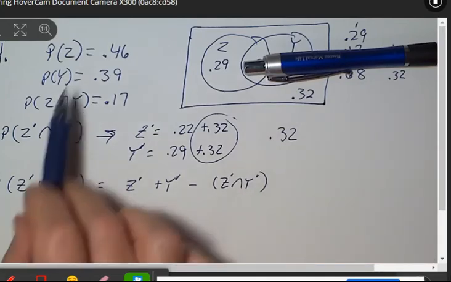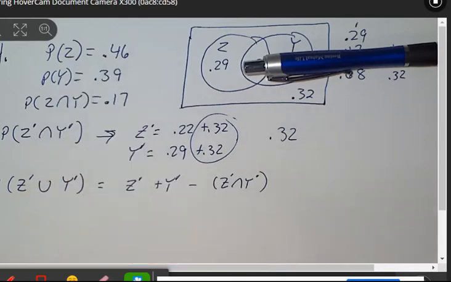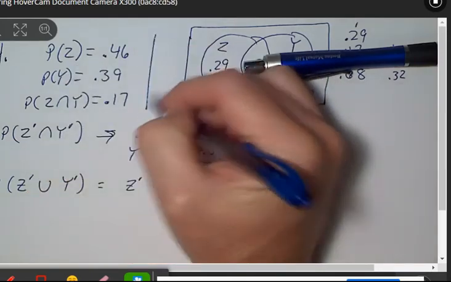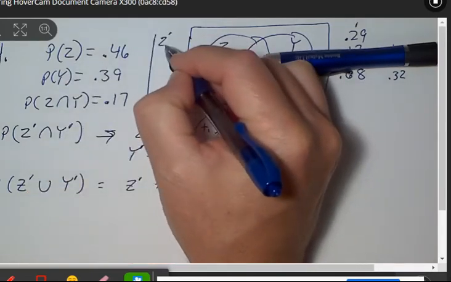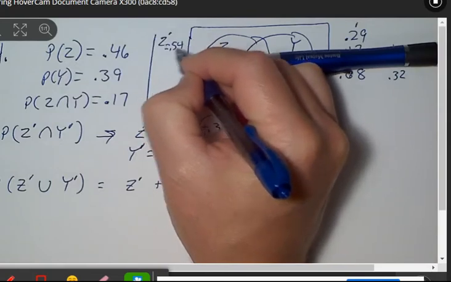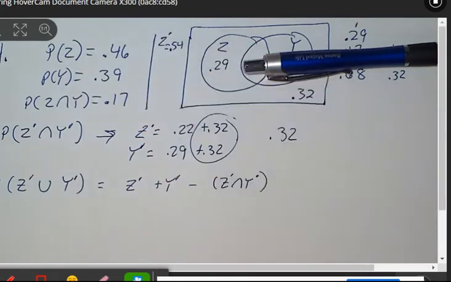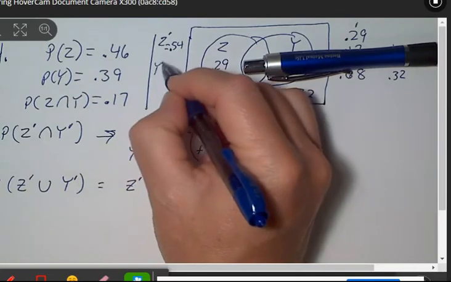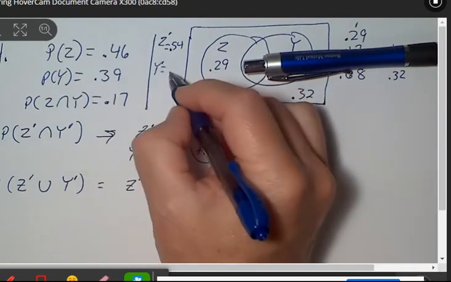Well, back up here, if Z is 0.46, then Z prime would be 0.54, just subtracting that from 1. Y prime would be, subtract that from 1, that would be 0.61.